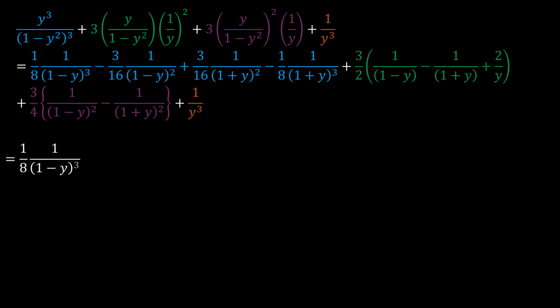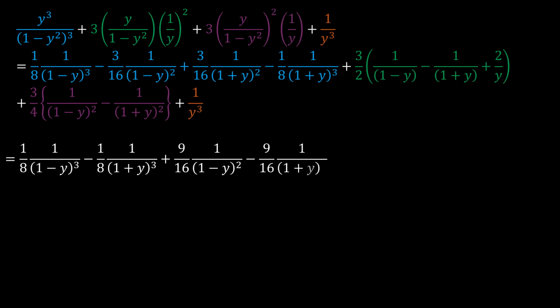And then now when you sum everything together, we have 1 over 8 times 1 over 1 minus y to the power 3 minus 1/8 over 1 plus y cubed plus 9 over 16 times 1 over 1 minus y squared minus 9 over 16 times 1 over 1 plus y squared plus 3 over 2 times 1 over 1 minus y minus 3 over 2 times 1 over 1 plus y plus 3 over y plus 1 over y cubed.